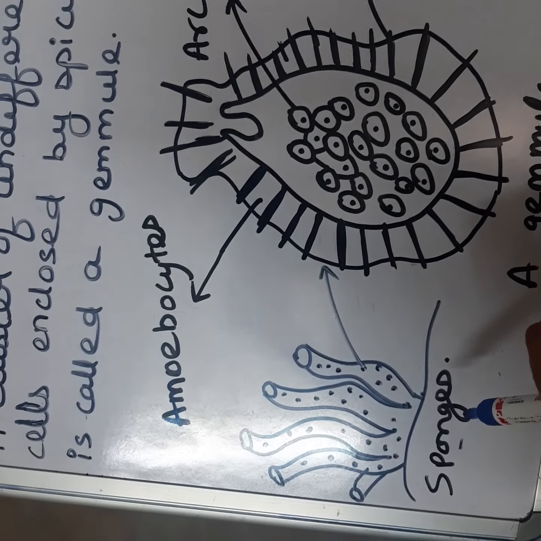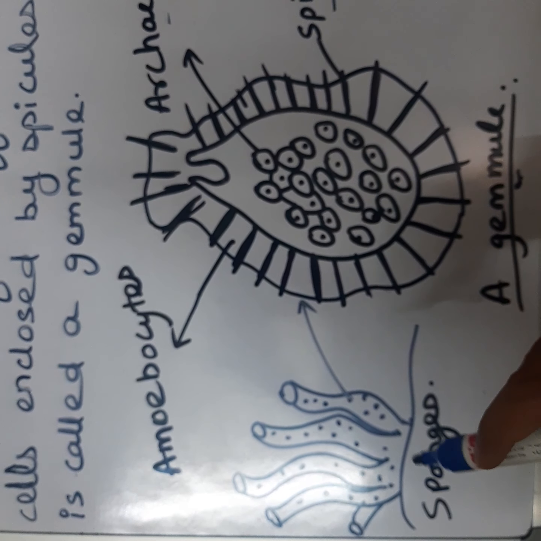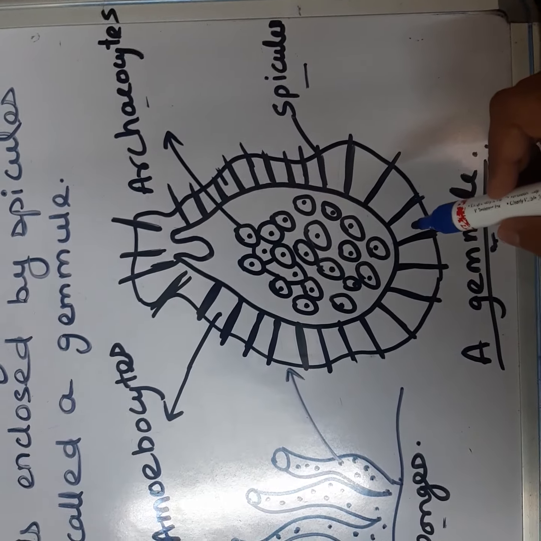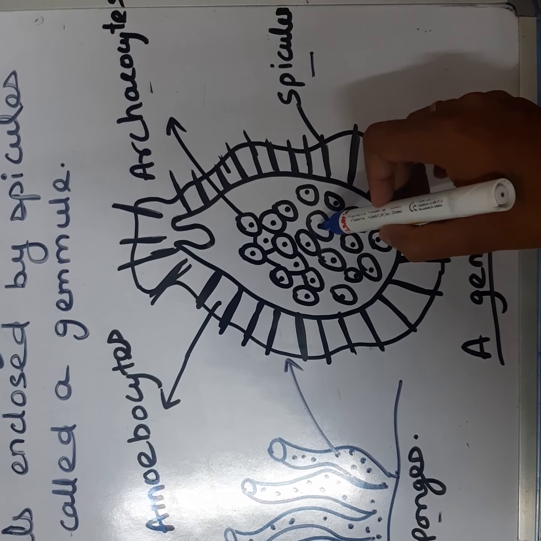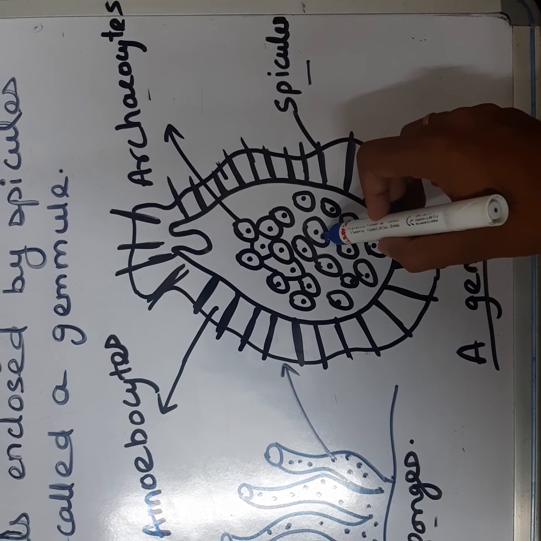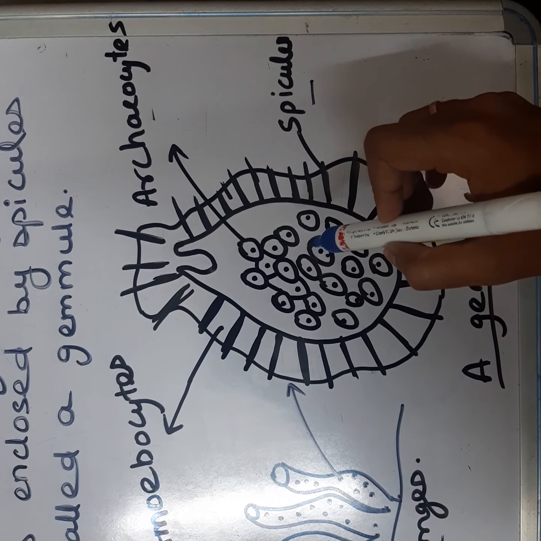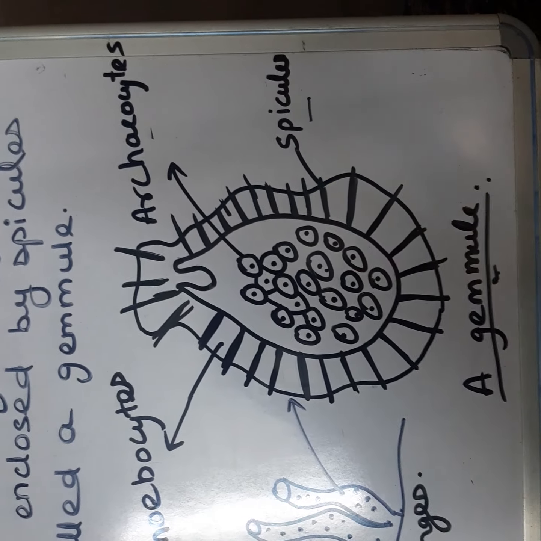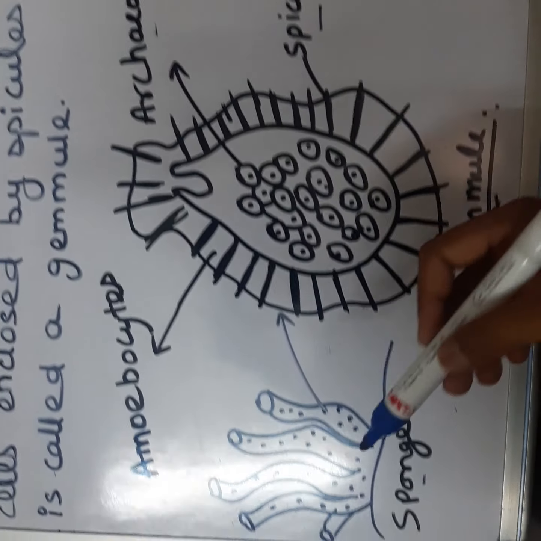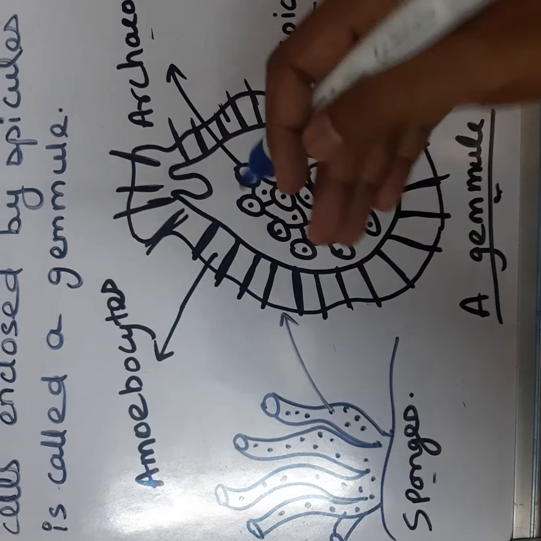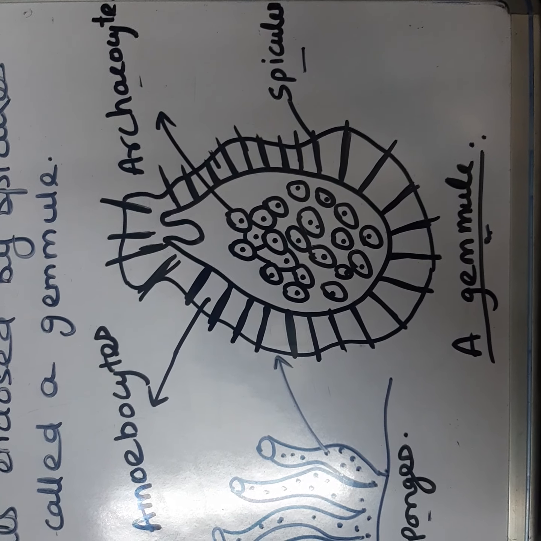When the sponges die, they spread such gemules from their body, and each gemule contains these cells, archaeocytes, and these archaeocytes further grow and form the new body of a sponge. मतलब ये नया sponge form करते हैं.